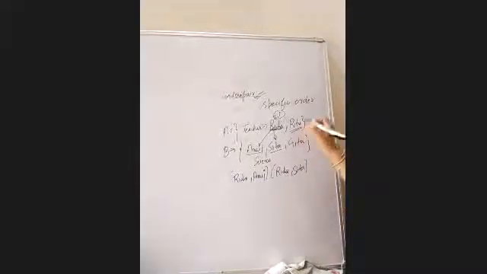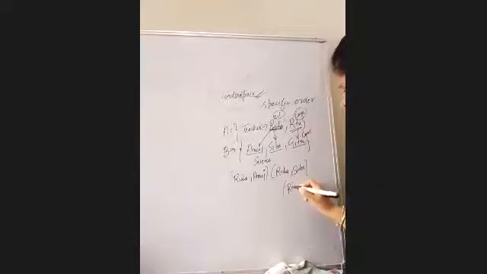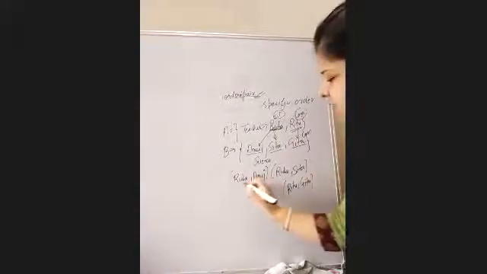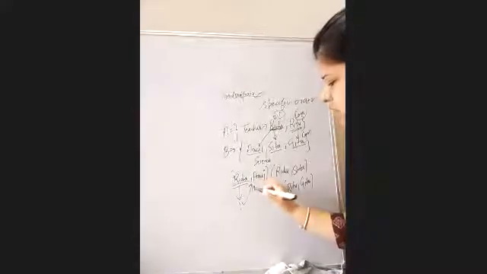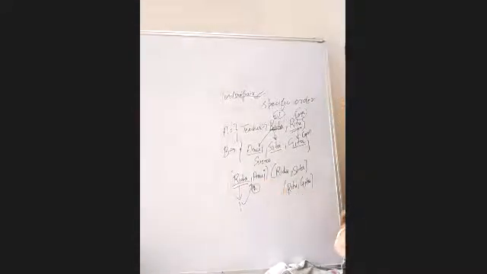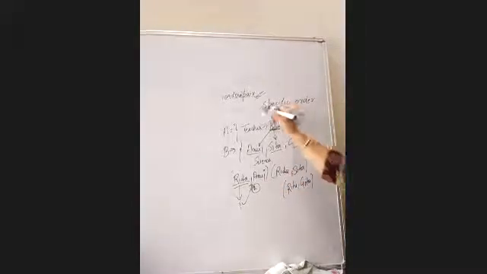For example, Ritu is a commerce teacher. If Geeta is a commerce student, I will write here Ritu and then Geeta. What is the relation here? The first one is the teacher of the second one. There is a particular order, a specific order in the relation.